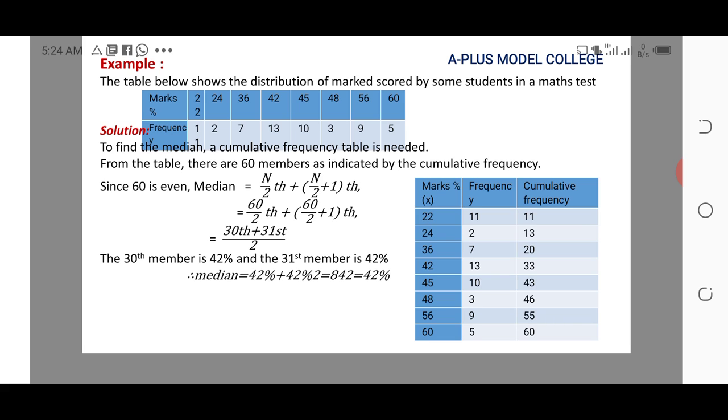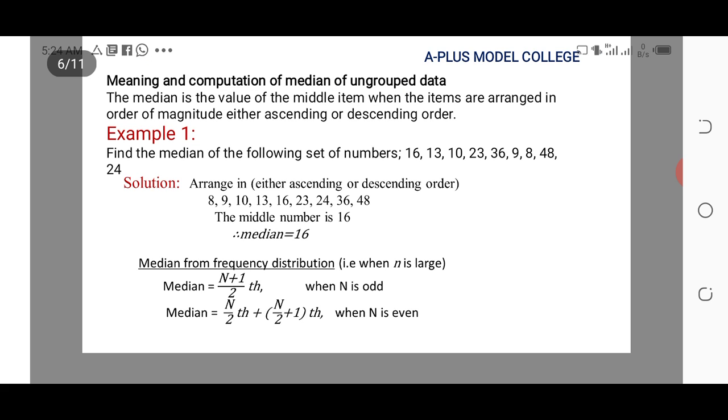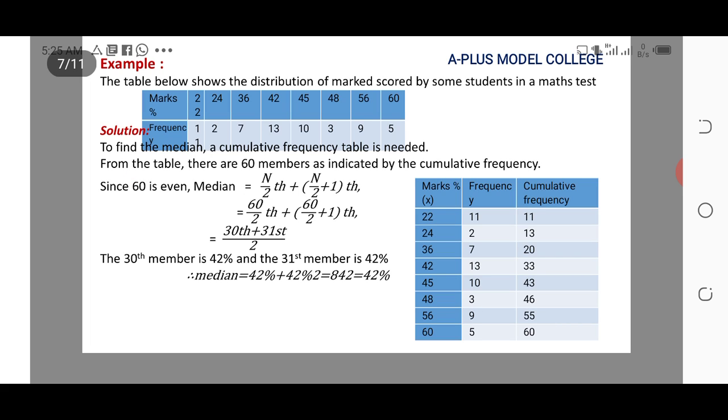Now, since the number of data is 60, which is the last line of cumulative frequency, we conclude that it falls under this formula. This is the formula. Look at the median. When n is even, the last one here, you can see the formula there. That is, 60 is even. So we're going to apply that formula, which says that the n over 2 th term, the term that falls on n over 2, plus the n over 2 plus 1 term, the term that falls there.